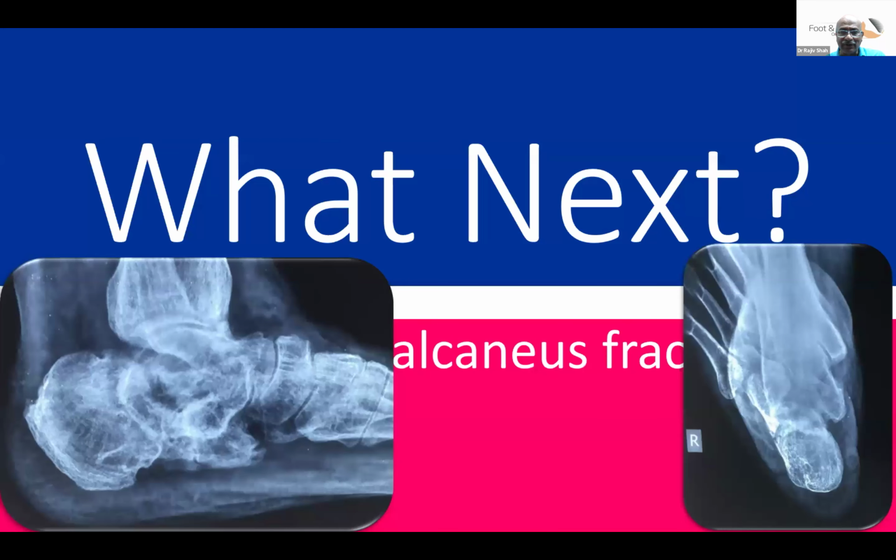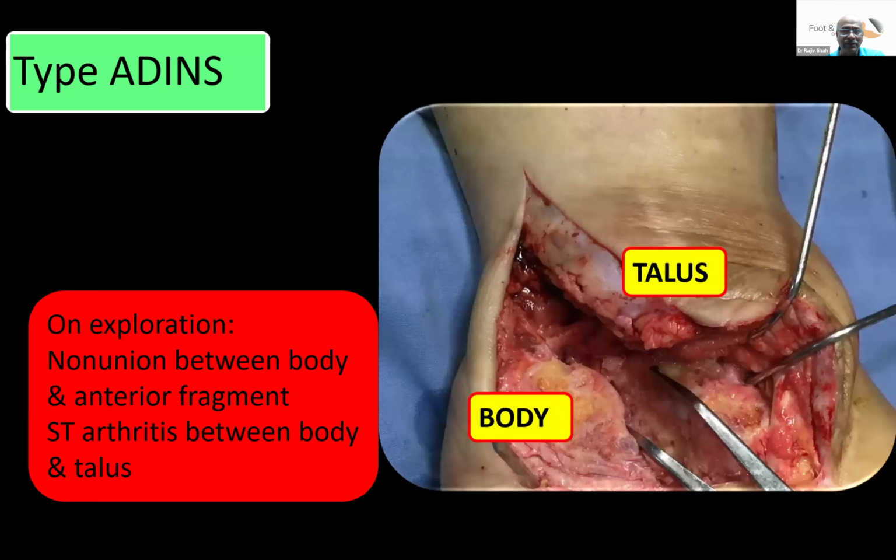All these problems, we thought now we'll need to take through the surgery. This was classified as arthritis, deformity, implant, nerve, and soft tissue problems, ADINS. On exploration, there was non-union between the body and anterior fragment, and there was subtalar arthritis between the body and the posterior facet of the talus.